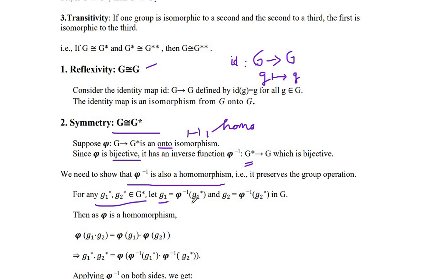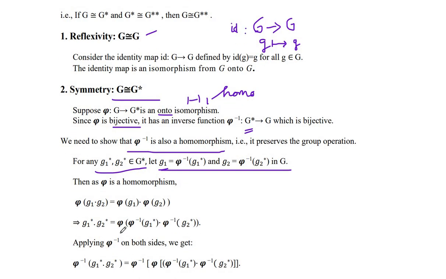So we shall take that as g1, and the image of g2 star under phi inverse is taken as g2. Now, because phi is a homomorphism, having g1 and g2 in G, phi is a mapping from G to G star which is a homomorphism. So g1, g2 being members of G, we have that phi of g1 g2 is equal to phi of g1 into phi of g2.